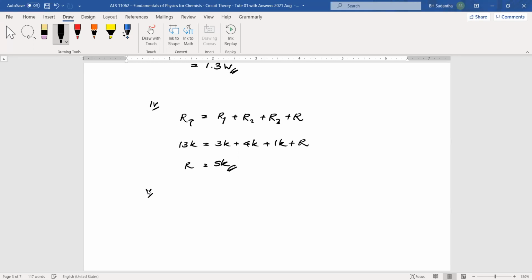The fifth one, voltage drops. Then we can take VR1. VR1, R1 is 3K, current is 0.01 ampere. It's 30 volts.